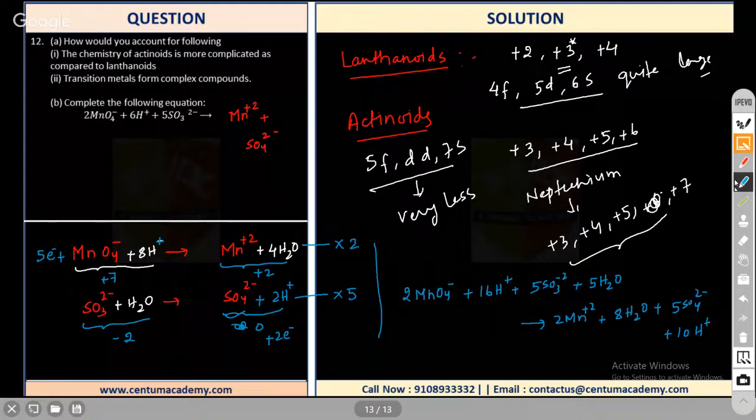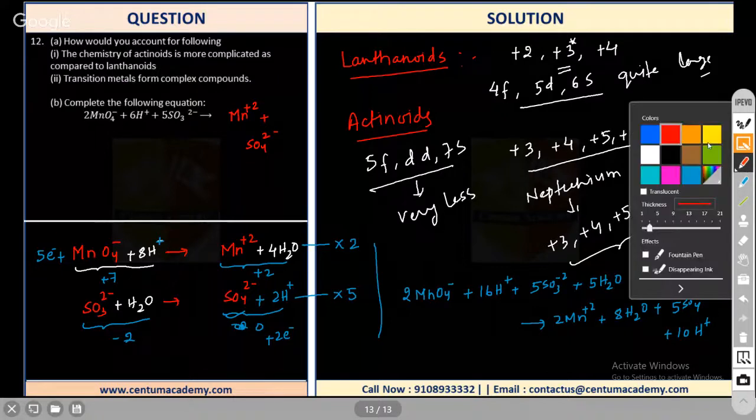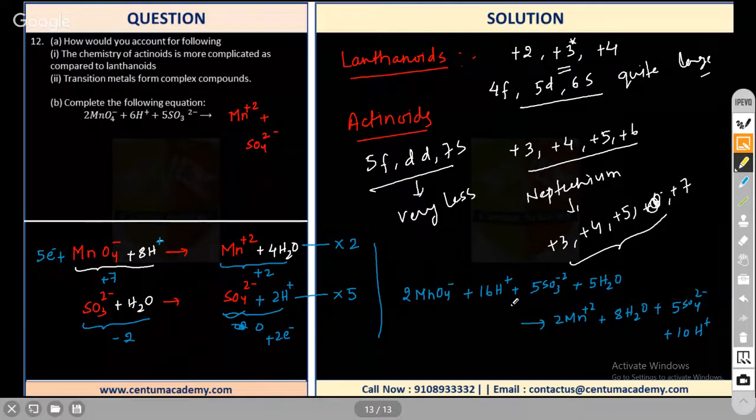Now we'll write down the net equation simply. What is the net equation here? This 16H plus minus 10H plus, we are left with 6H plus here. 5H2O and 8H2O, we are left with 3H2O here. So you see, left hand side we have 2MnO4 minus, 5SO3 2 minus, 6H plus.